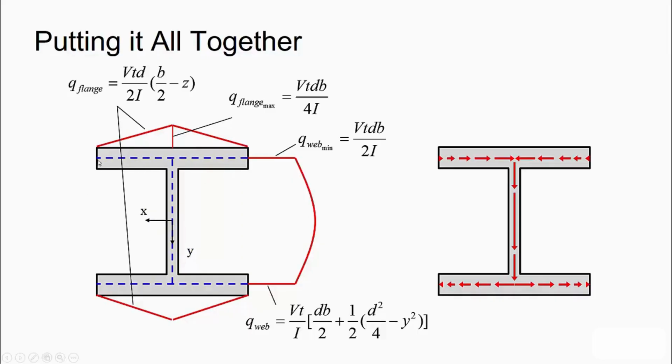The other interesting thing that we see is that in any portion of the section that is horizontal, or perpendicular to the internal shear force, our distribution of shear flow is linear, and that will hold in other sections as well. And in vertical portions of the section, or portions that are aligned with the internal shear force, our distribution is parabolic, and that will also hold in other sections, as you'll see in sample problems that you do.